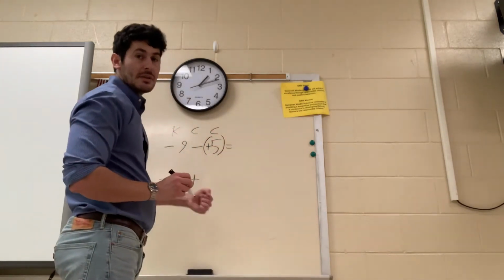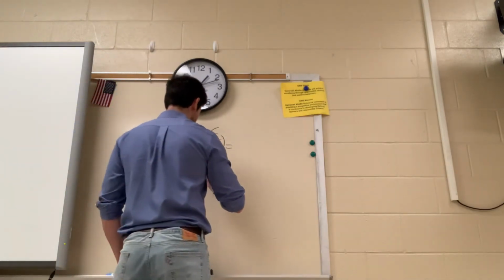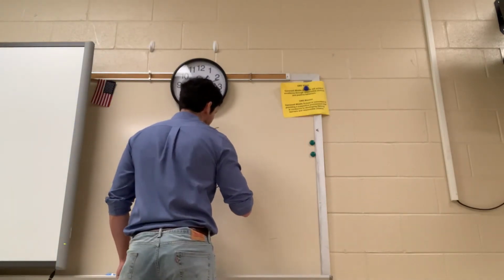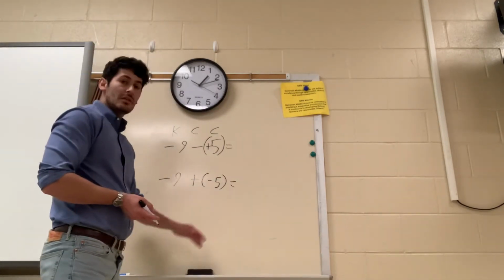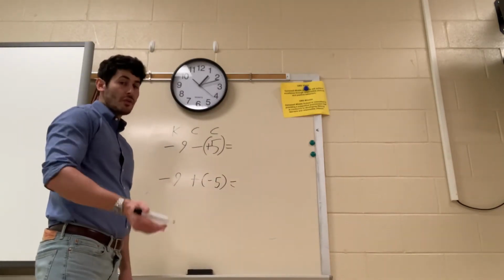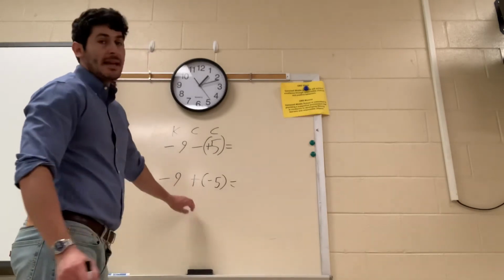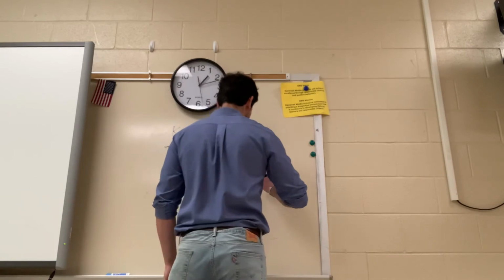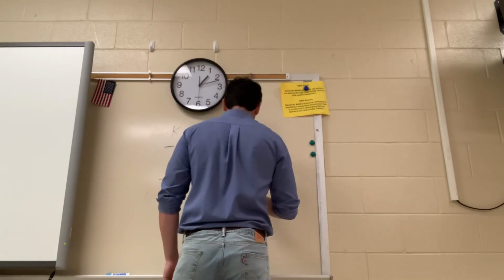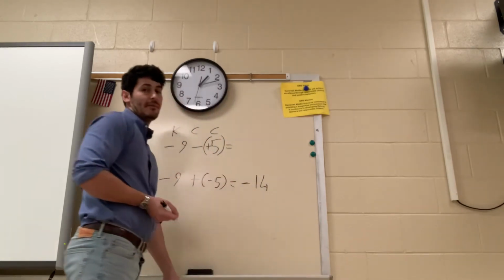So I'm going to turn it into a negative. So now guess what? Now I'm back to my addition rule, right? I'm adding two numbers with the same sign, so you know what to do. We add the absolute value, 9 plus 5, that's 14, and we keep their sign, which is negative 14.